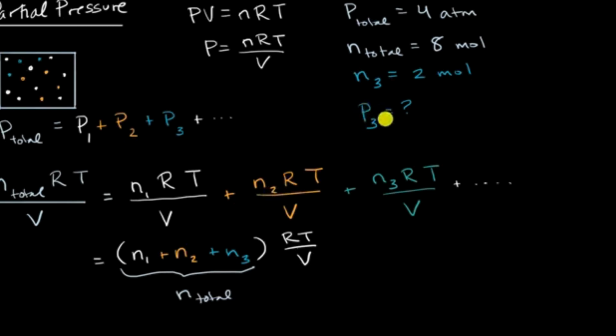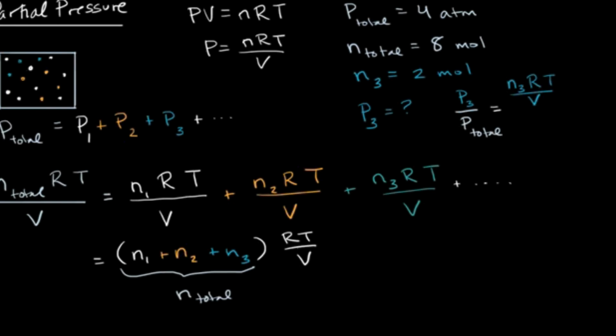Well, one way you could think about it is the partial pressure due to gas 3 over the total pressure is going to be equal to, if we just look at this piece right over here, the number of moles of gas 3 times the ideal gas constant times the temperature divided by the volume.